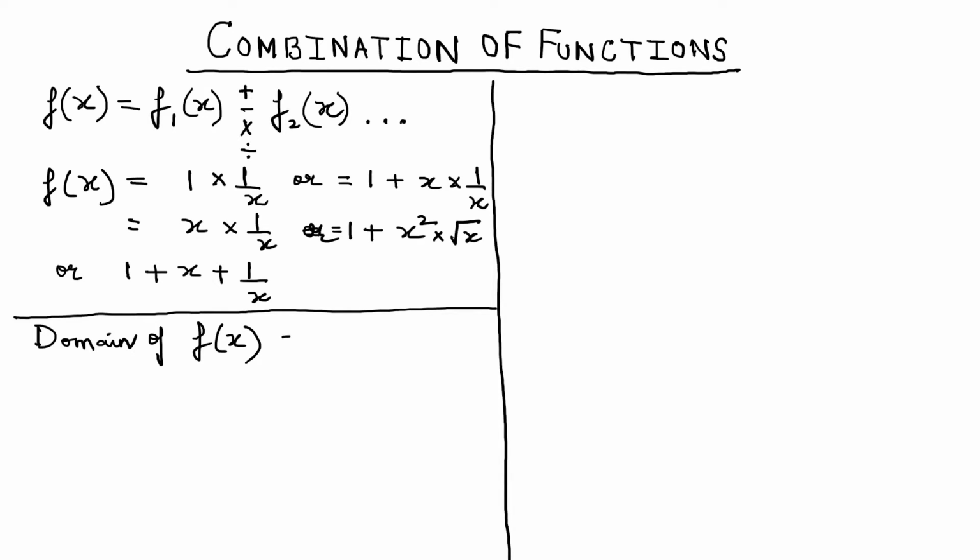The domain of this function f(x) will be nothing but the domain of the individual functions which were responsible in getting combined with each other with the help of various mathematical operators. You take their individual domains, and then the intersection of those gives rise to the domain of the ultimate function, that is f(x).